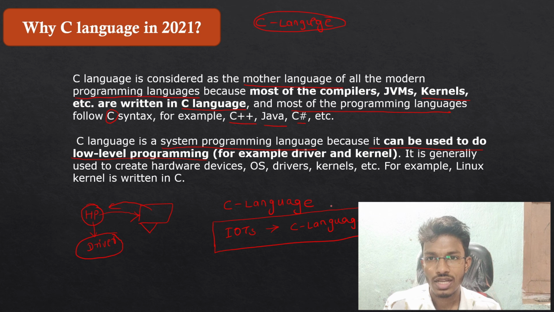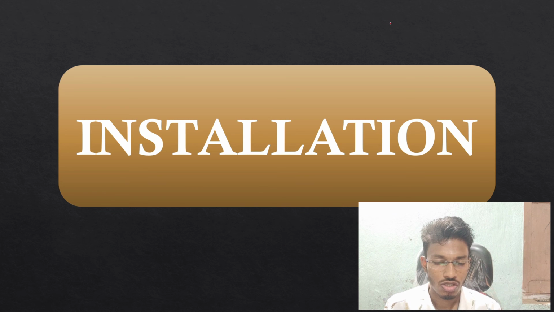The same concepts are there, you just have to maintain the syntax. This is why you should learn C. I'm not going to talk about this in detail here; I will post it in some particular videos.